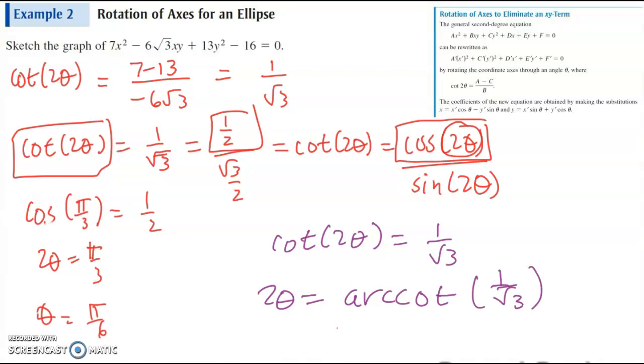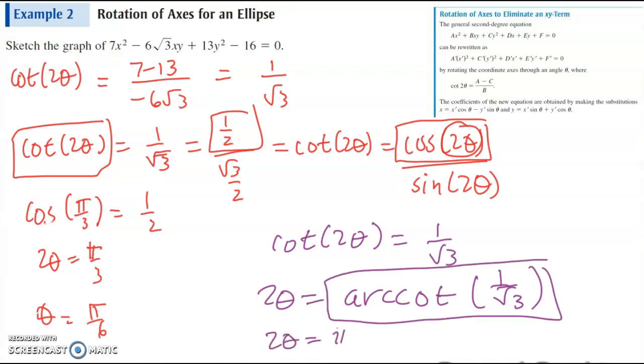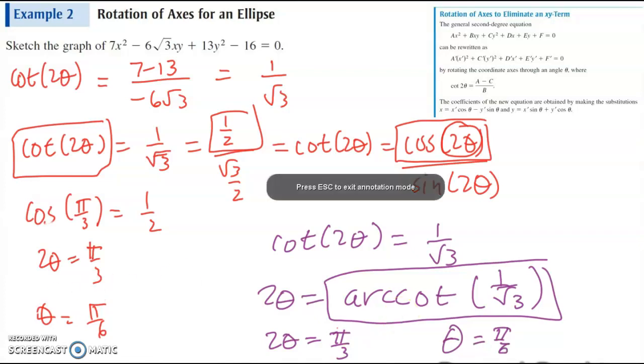If you have some type of website to give you the exact answer, then that's what you're going to go with. But it turns out that this is pi over 3. So for theta, we get pi over 6. So we have theta equals pi over 6.